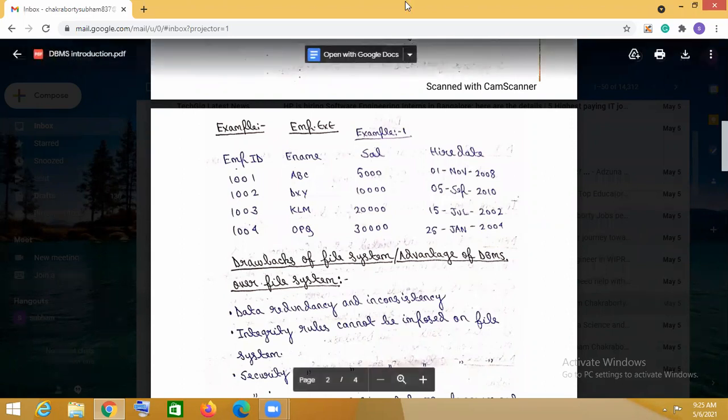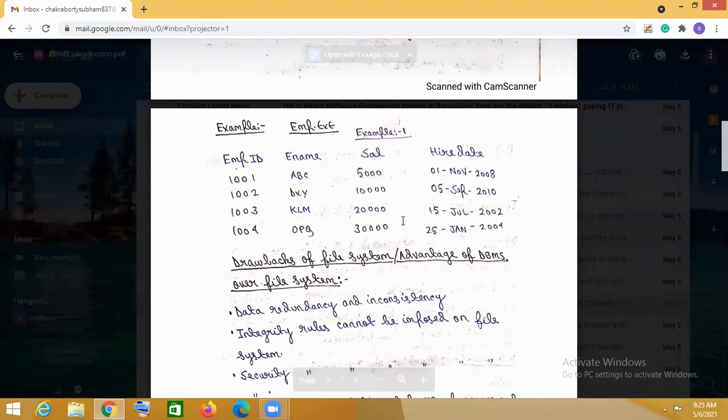But in case of DBMS, when you enter some data, if the same value or the same table is already stored, then it will not perform that. It will show an error. That's the drawback of the file system. In the file system, no error will be shown. You can store the same piece of data multiple times.